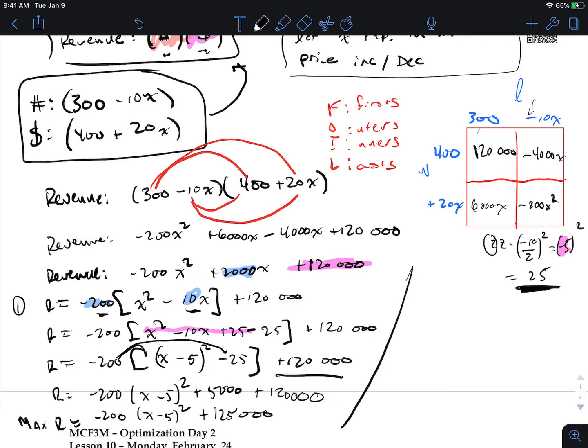So now I could say my vertex is at 5 and 125,000. Now our job is to figure out what that means.